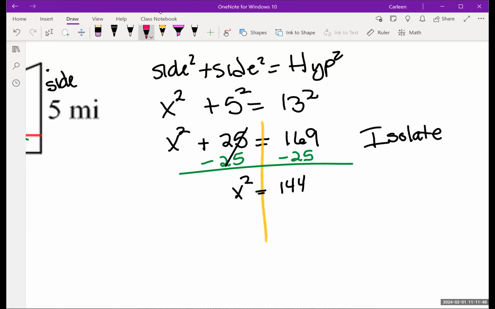Square root. So square root cancels with x squared. X pops out. Square root of 144 is 12. Thank you, Zoomers.